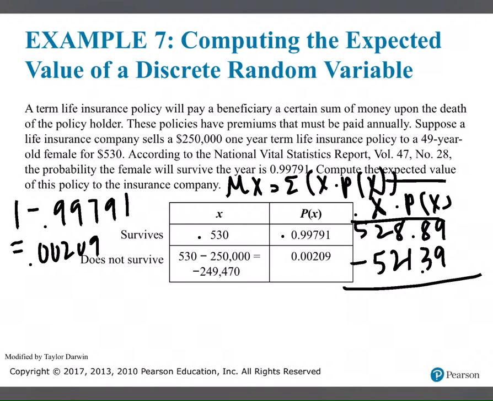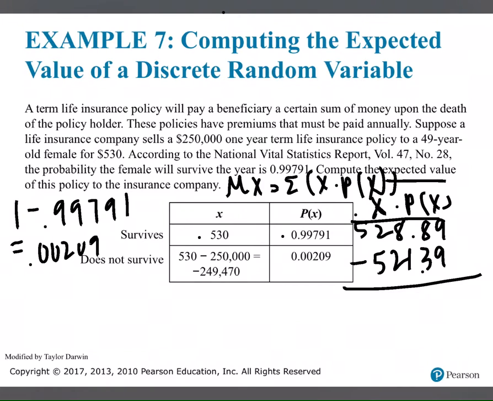I'm going to subtract those from each other. Really, I'm adding them, but since one's negative, it's 528 minus that 521. And I need to do this really quick. 528 minus 521.39.